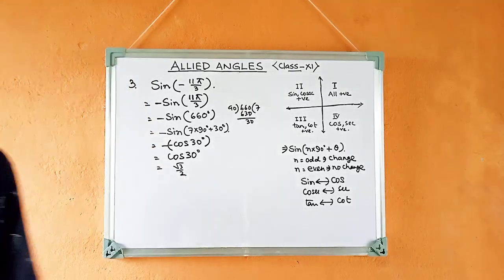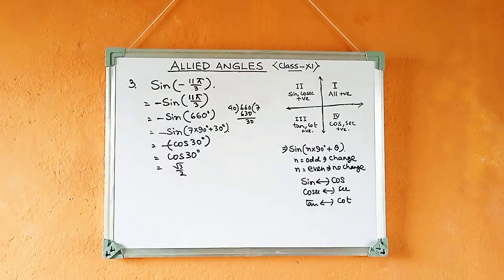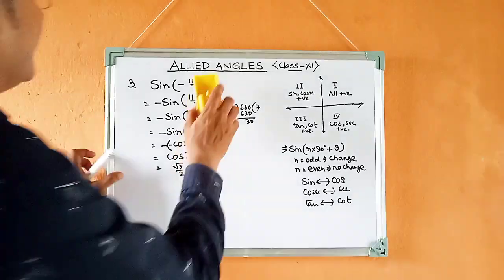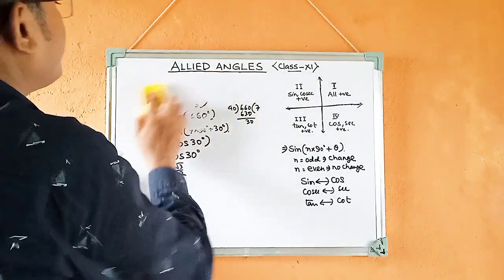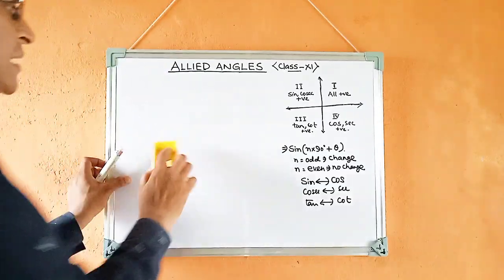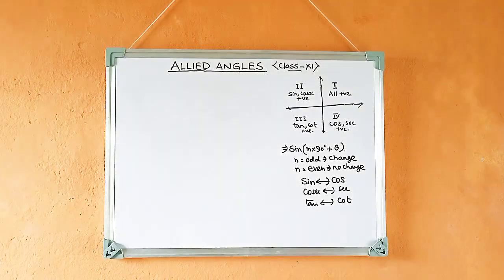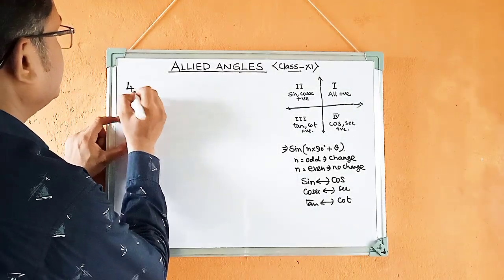See carefully. Come to the next example. Next example is find the value of cosec 1410 degree. Question number 4. See carefully. Find the value of cosec 1410 degree.